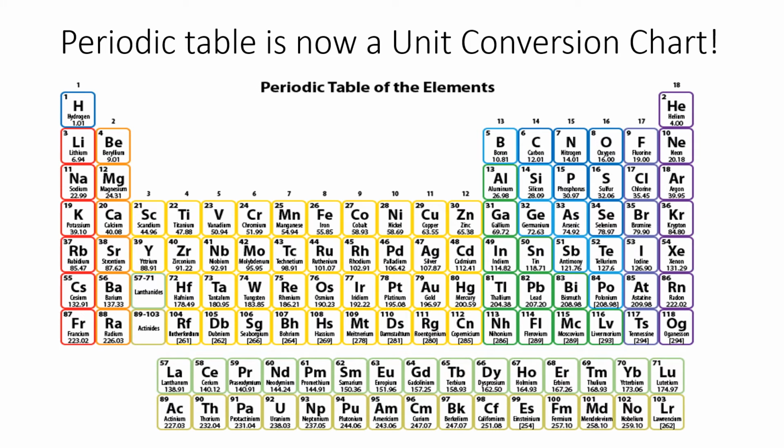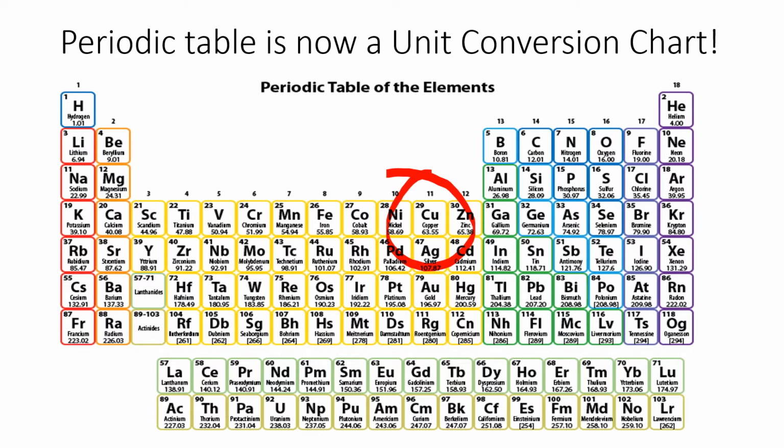So if you go back and think about that, the periodic table now becomes one gigantic unit conversion chart that we can use, and we always have access to it. Any element we want to deal with. If we're interested in copper, if I circle copper here, that's 63.55. What does that mean? That means 63.55 grams of copper is 1 mole of copper.